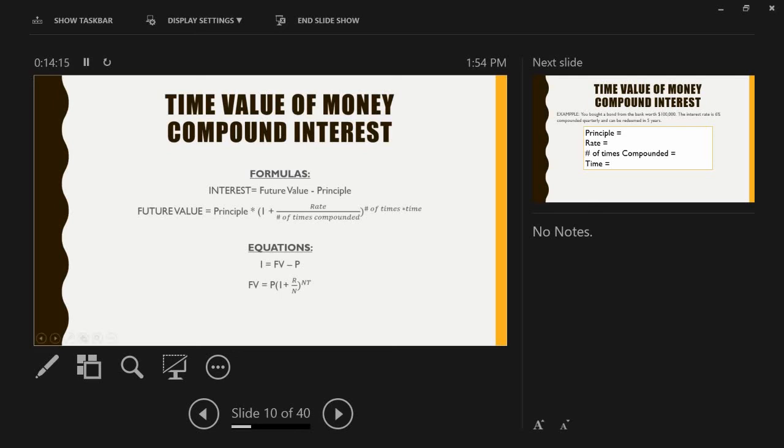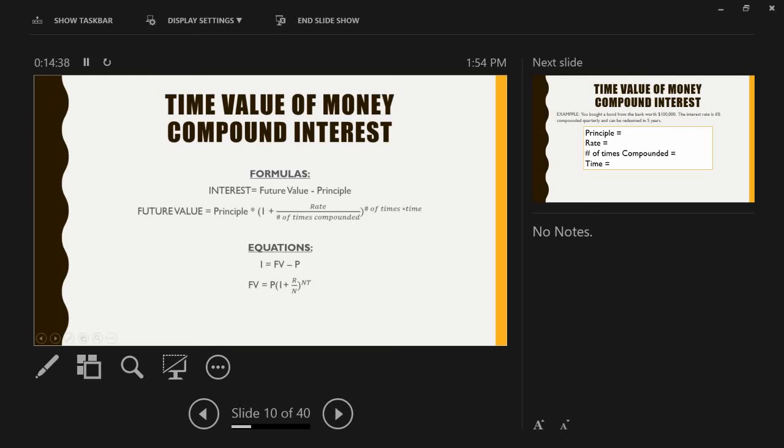The formula to calculate compound interest. Again, we're introduced to another component here. If we solve for interest first, it's going to be your future value minus your principal. But what's my future value? Your future value is going to be this complicated formula right here.